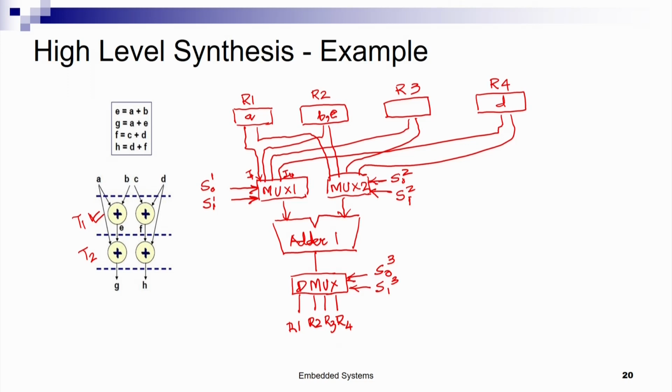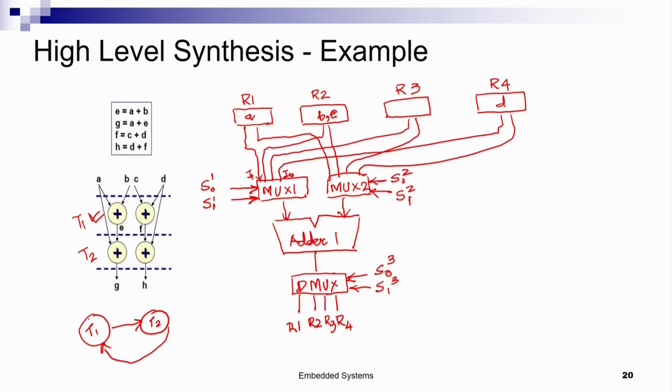So, now the specification of our controller would be actually a counter which has two states, and this one is time step 1 and this one is time step 2. So, our FSM is a counter with 2 steps, and when it is at time step 1, it will produce the outputs.